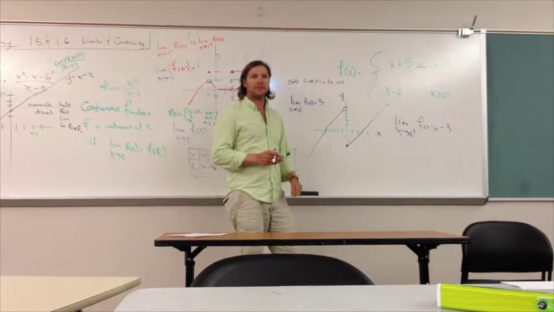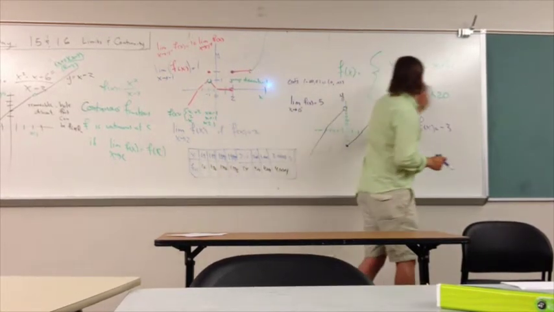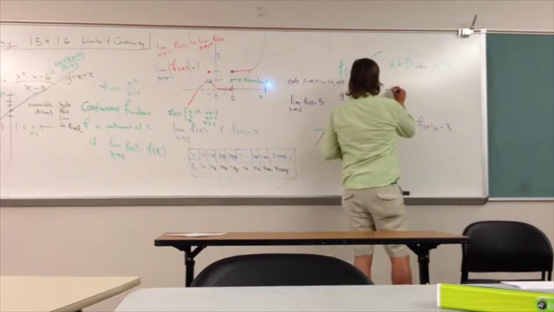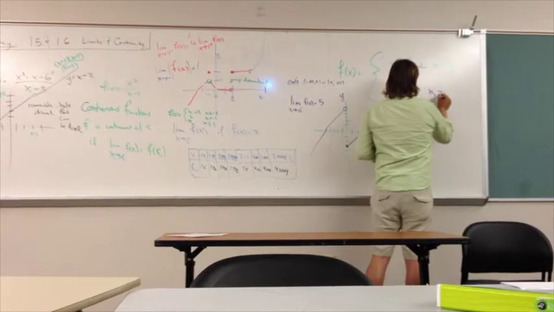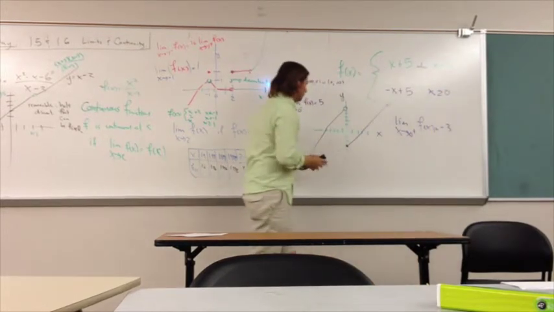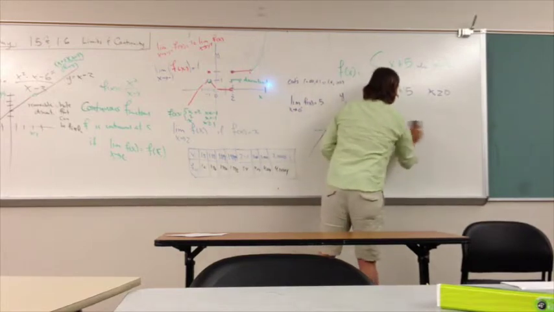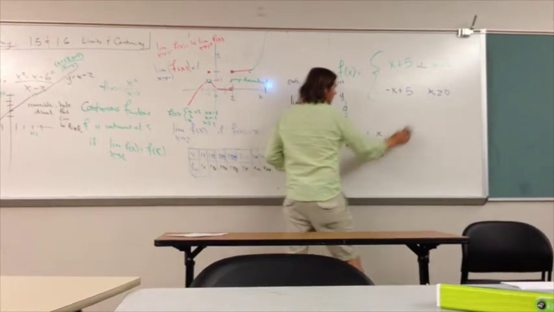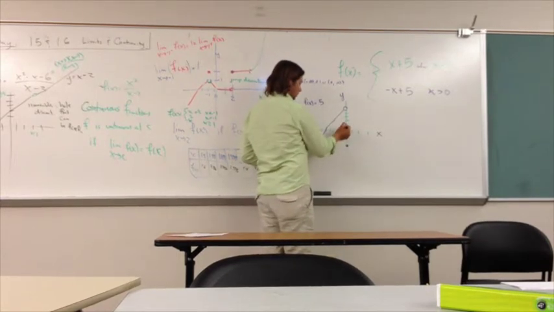Okay? Is that cool? What if I change this and I made this negative x plus 5 when x is greater than or equal to 0? What about if I just said x greater than 0? What would I draw?